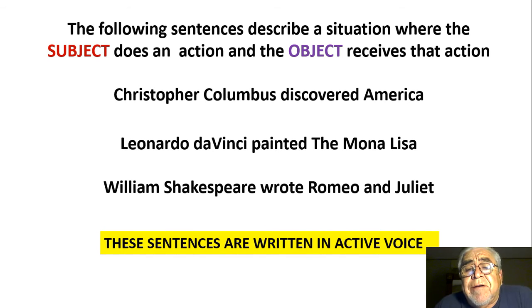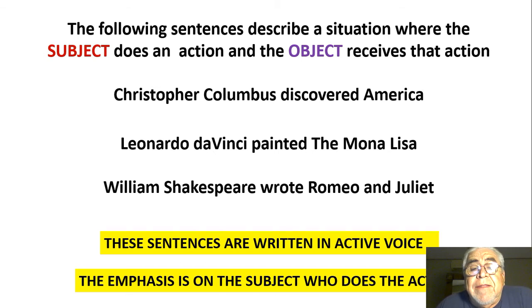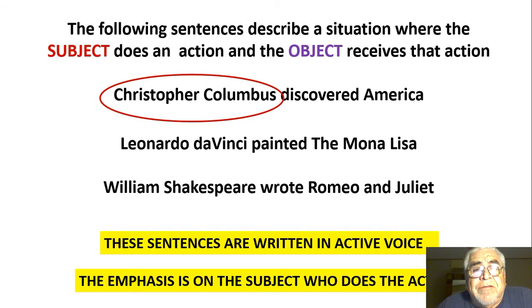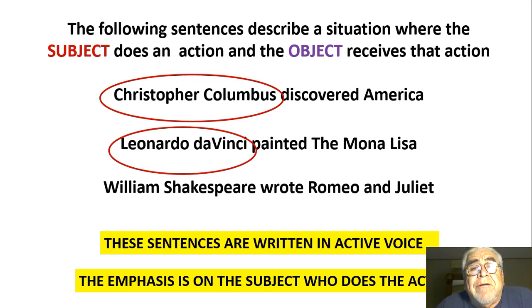These sentences are all written in active voice. The emphasis of these sentences is on the subject who does the action. In the first sentence, Christopher Columbus is the subject. In the second sentence, that's correct, Leonardo da Vinci is the subject.